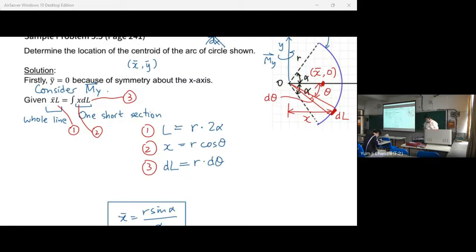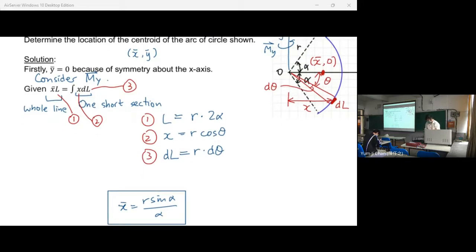Now we go on to put these three things back into the equation. So we have x bar times 2 alpha R is equal to the integral from minus alpha to plus alpha of r cosine theta times r d theta.